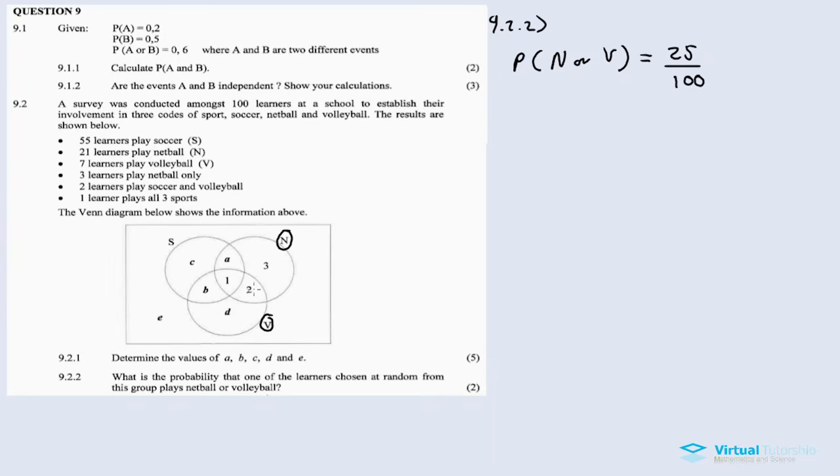Here on this side is netball and that side is volleyball, but in the middle, remember not to add the 2 twice. Once you say you are talking about netball, if the 1 and the 2 are included in netball, you no longer add them again. So you add all these values in both N and V, then you divide by 100, since a probability is the experiment divided by the total sample size, right?